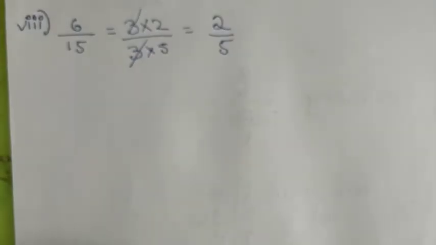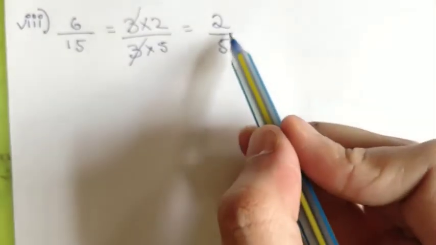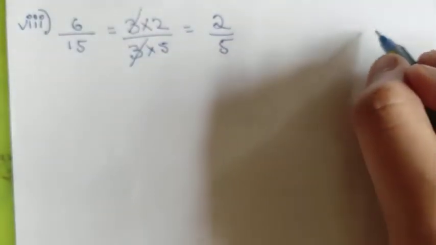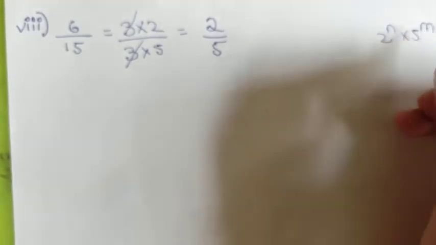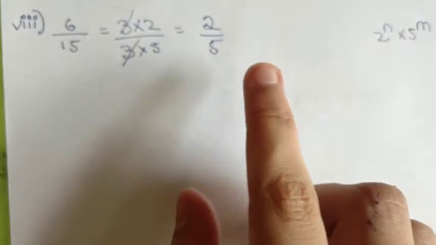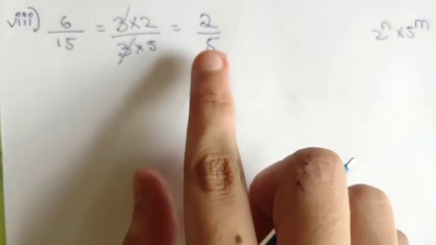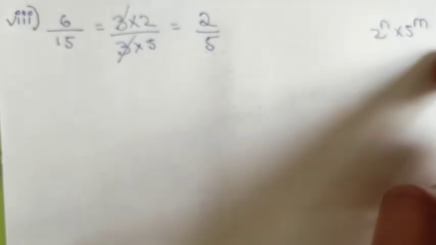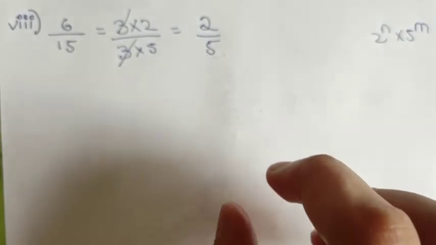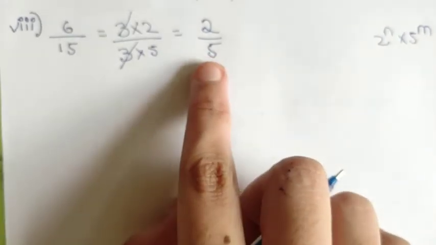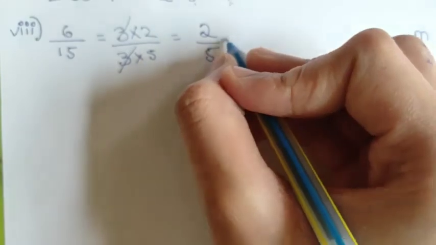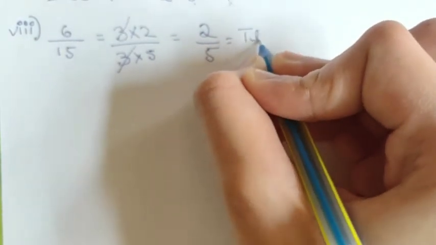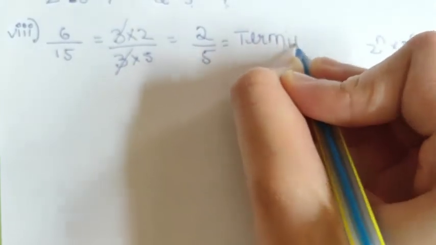So is this terminating or non-terminating? You can see that 5 is of the form 2n into 5m. Okay. So only if it has only 5 or only 2, or it is in this form, then we can call a number terminating. So here we can call this number terminating because it has 5. So this is a terminating number.